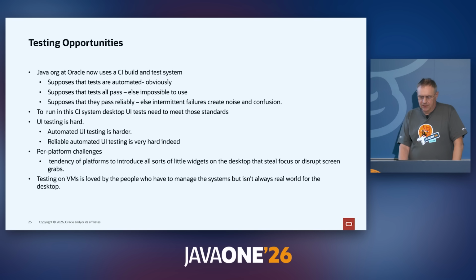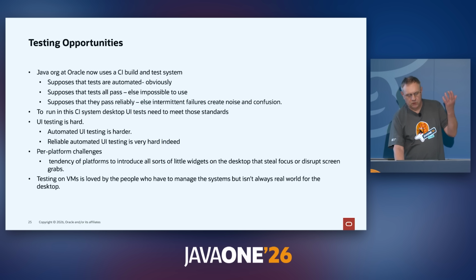So UI testing is hard, automated UI testing is harder, reliable automated UI testing is very hard indeed. And when you're testing on a desktop, you are at the mercy of what the vendor does in terms of deciding that you should have this new little weather app widget which grabs focus. And so if you just try testing on that desktop, your tests start failing as this thing comes up.